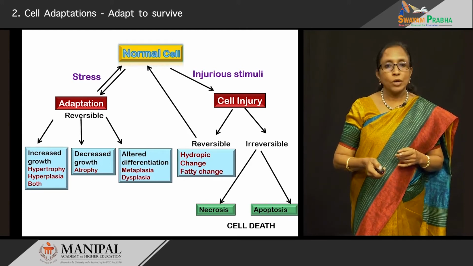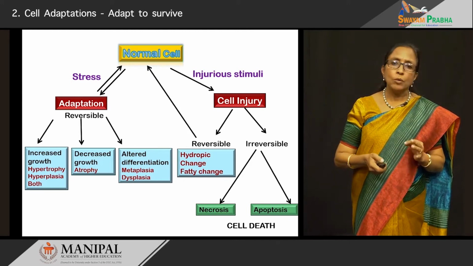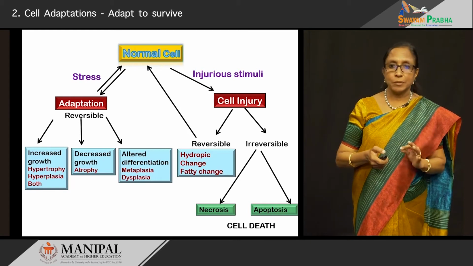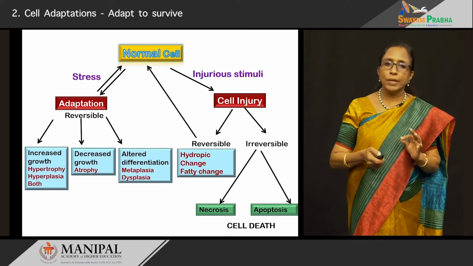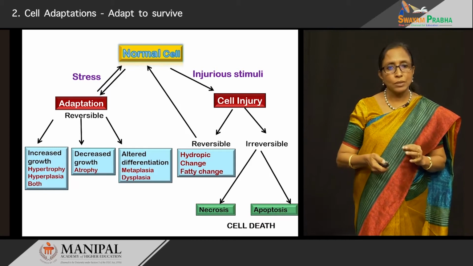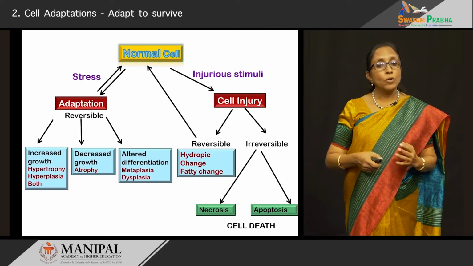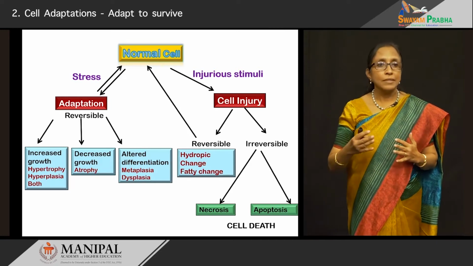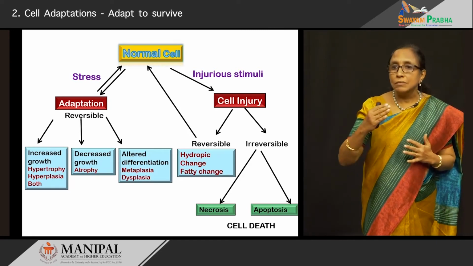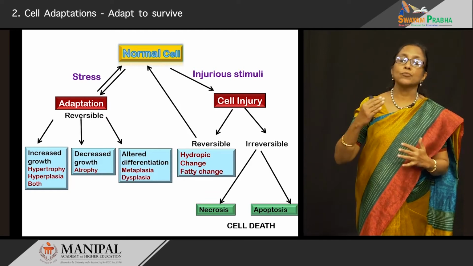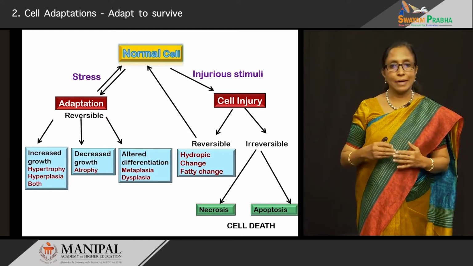And that is what we mean by adaptation. Most of the adaptations are reversible. Today we will be looking at increased growth in various forms, decreased growth in the form of atrophy, and also altered differentiation, that is, the way the tissue goes on to specialized functions and alterations in that.